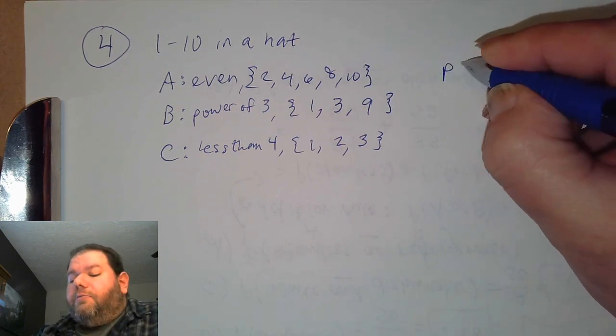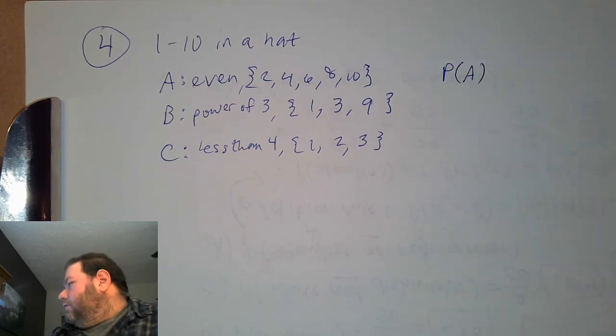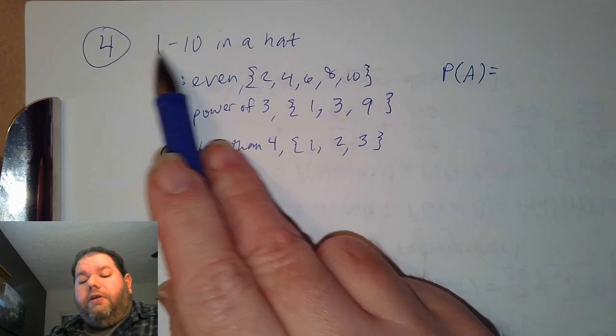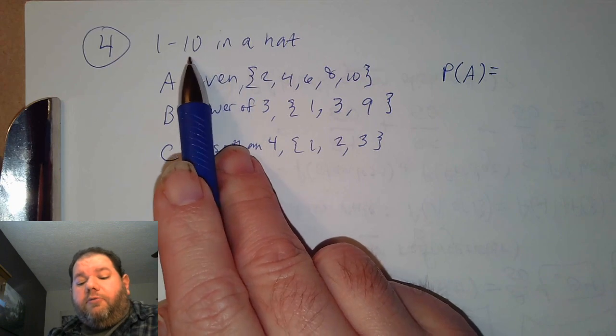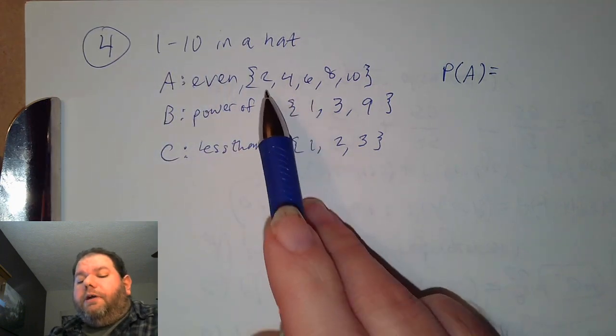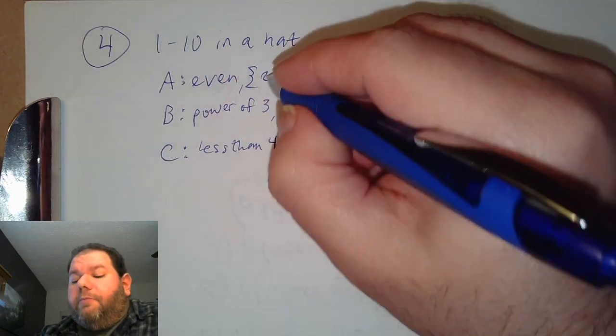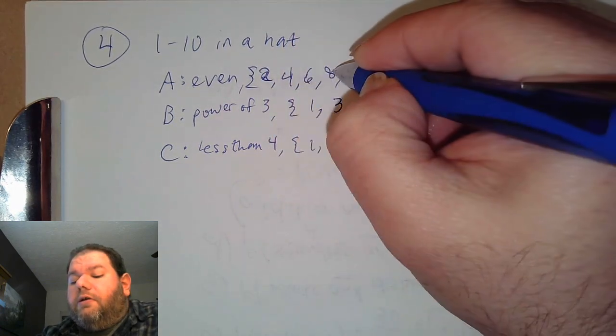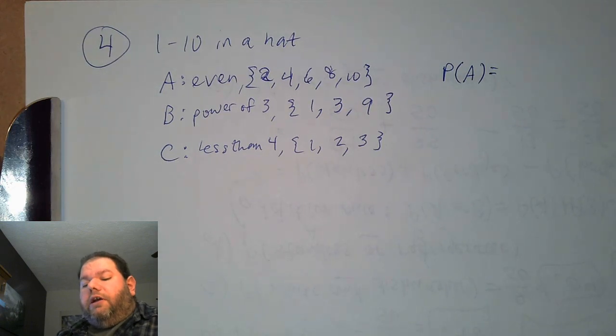What is our probability of A? Well, for event A, we know there's 10 possibilities total as far as what number we could draw. But how likely, and I did a terrible job writing these numbers, and I apologize for that, how likely are we to choose one of those numbers?